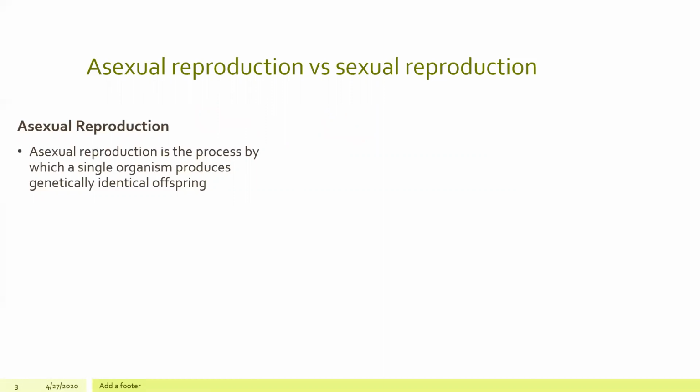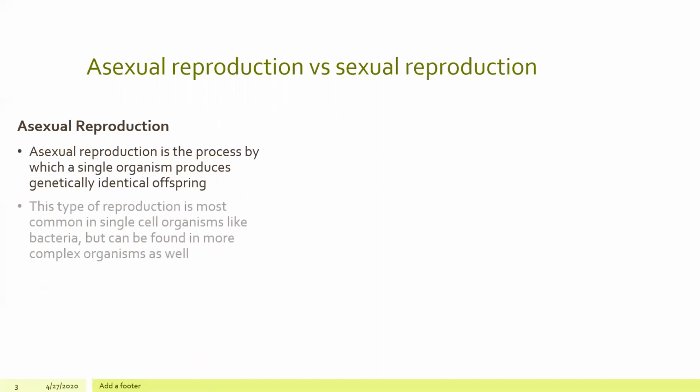So let's take a look at asexual versus sexual reproduction. Asexual reproduction is the process by which a single organism produces genetically identical offspring. These are completely identical. Nothing has changed. This type of reproduction is most common in single-celled organisms like bacteria, but it can also be found in complex organisms as well.